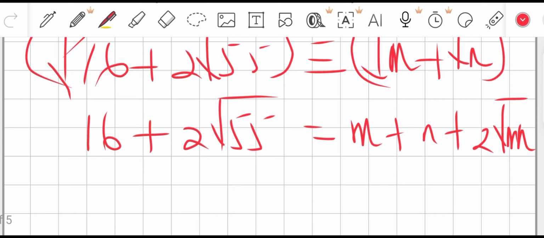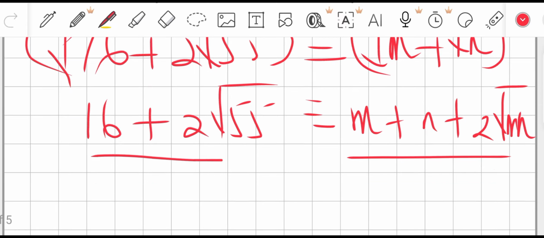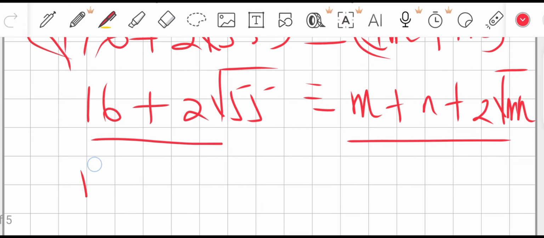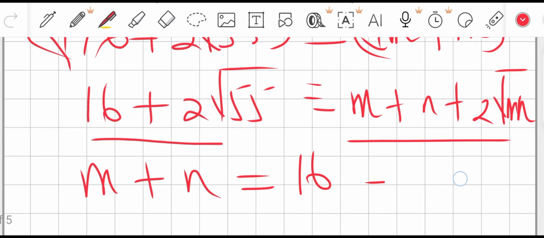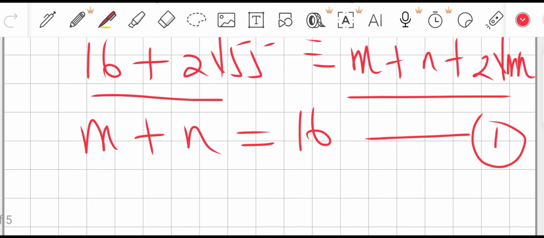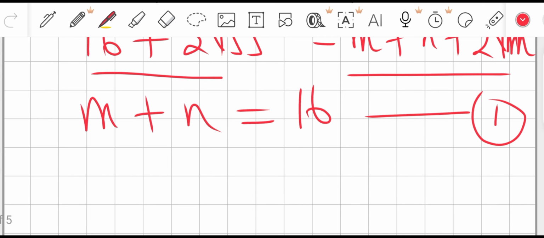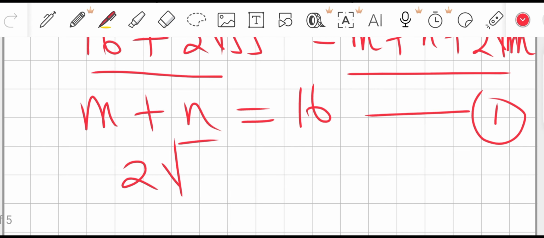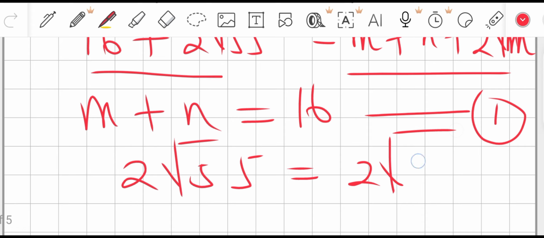So we compare the left hand side of the expression against the right hand side. When that comparison is made, you realize that we have m plus n being equal to 16. We label this as equation 1. Then what is left is 2 root 55 being equal to 2 root mn.